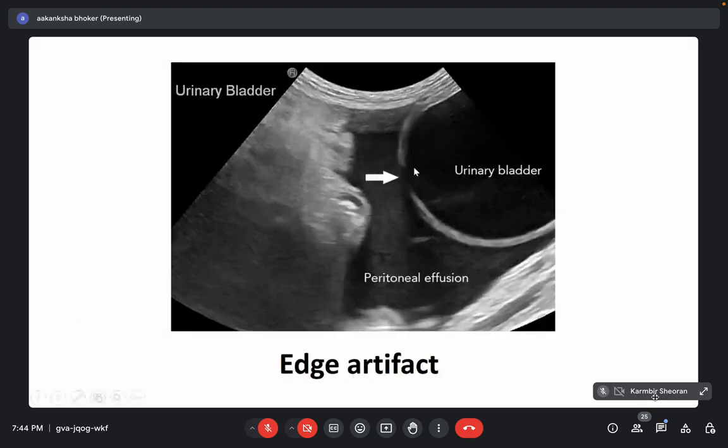Here you can see there is some free fluid within the abdominal cavity, and this bladder is distended, and there is a break in continuity of the bladder wall. So guys, any response? What do you think this condition can be? Anyone, please?